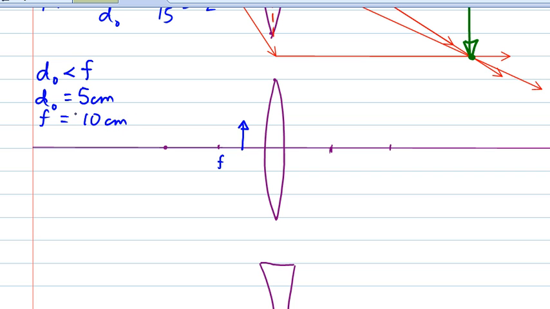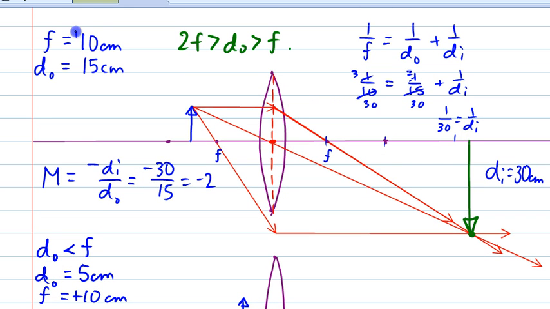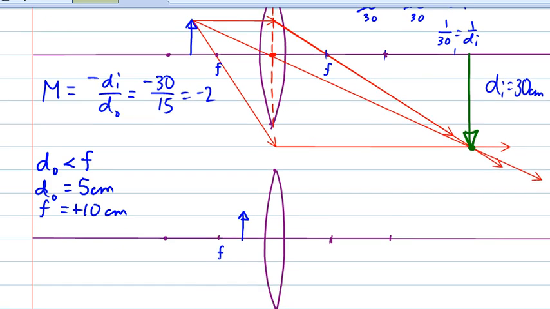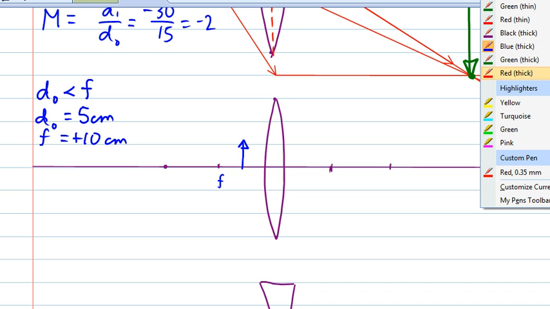Now notice that this is positive 10 and this is also positive 10. Why? Because it's a convex lens. So a convex lens is converging, and so it has a positive focal length.